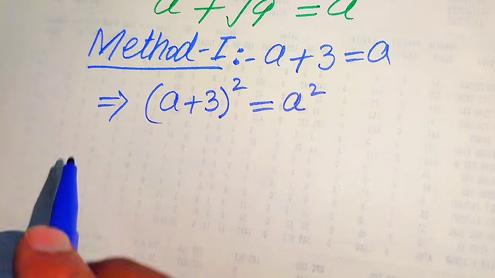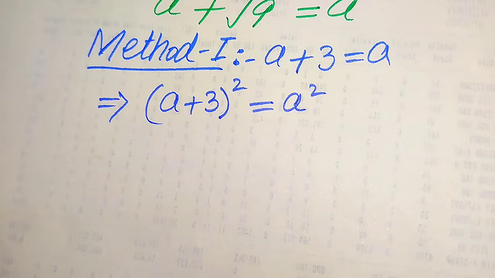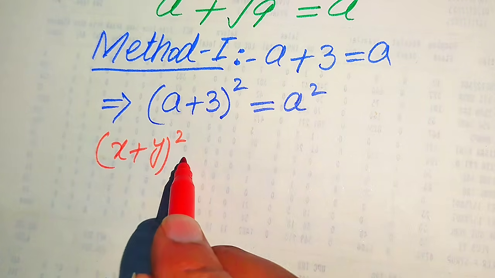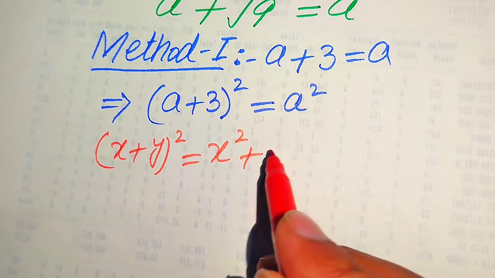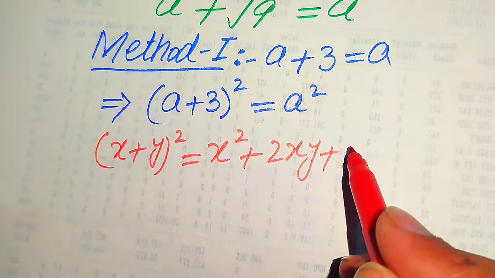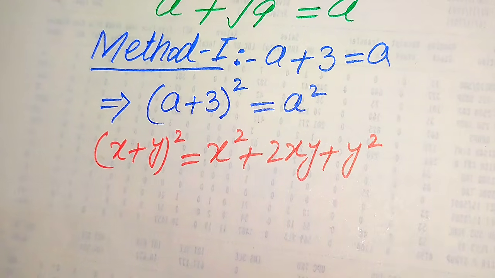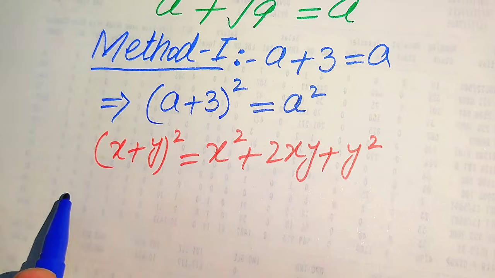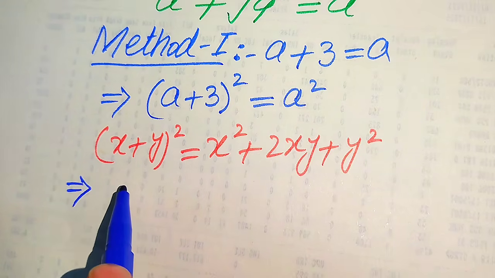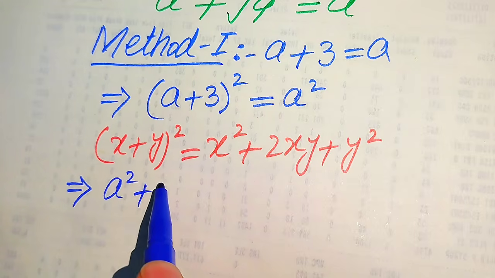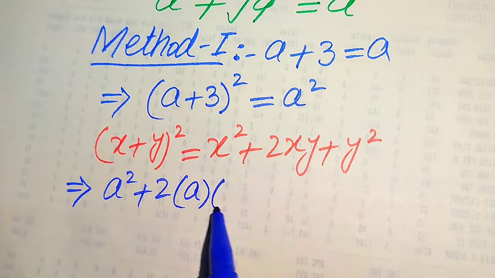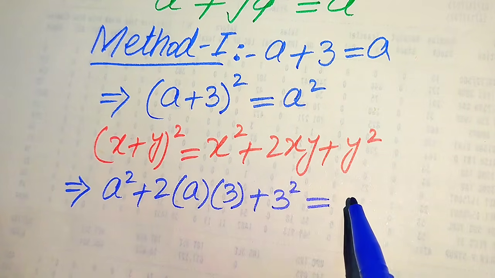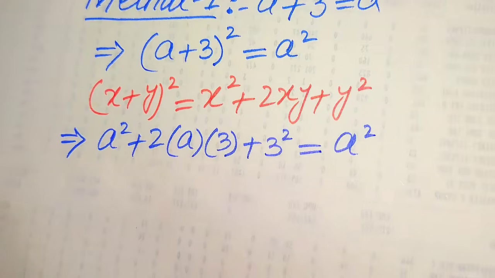In the next step, we use the nice algebraic formula you know about: x plus y whole square is equal to x square plus 2 times xy plus y square. After applying this formula to the left hand side, it becomes a square plus 2 times a into 3 plus 3 square, and this whole equation is equal to a square.